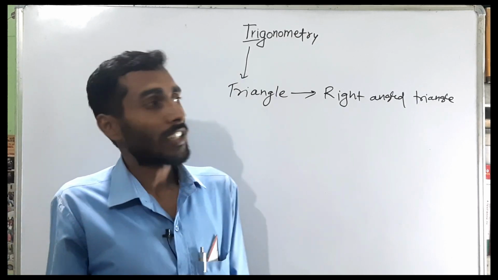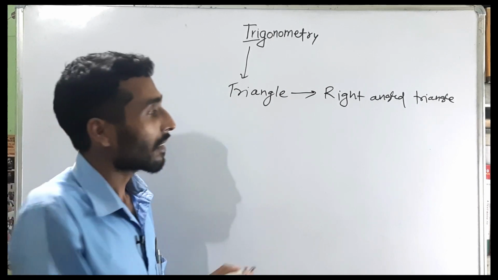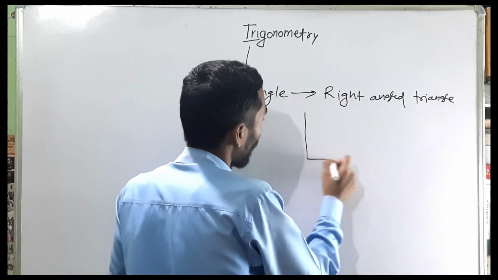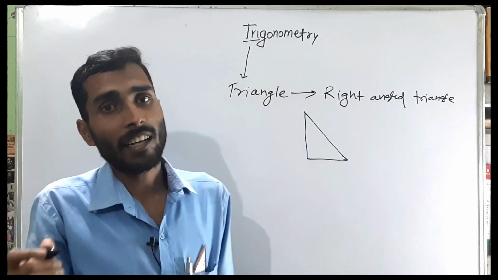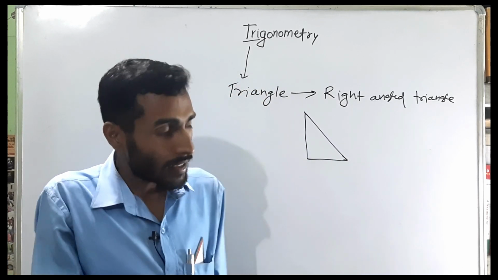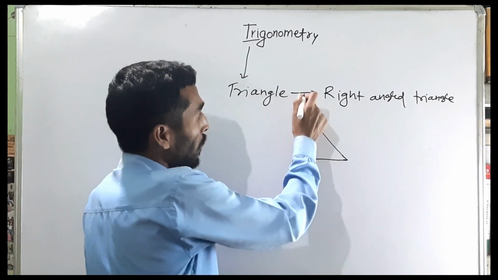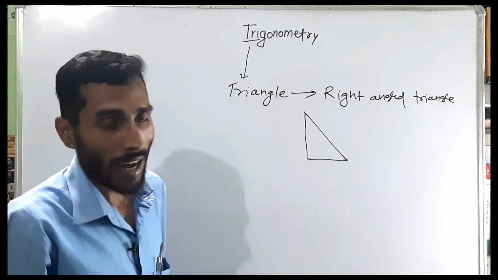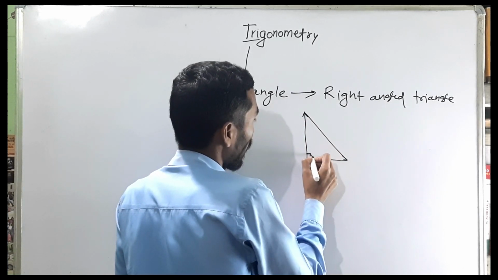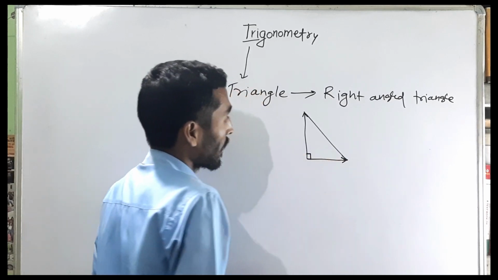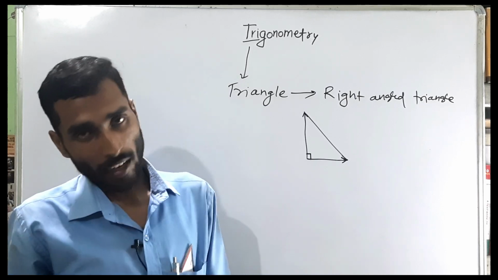And the other property is, on the basis of a right angle triangle, you can understand the concept of horizontal line and vertical line. When you put a perpendicular to the line, that is the vertical line, and that is the horizontal line, and joining these two points we get a triangle, that is a right angle triangle.